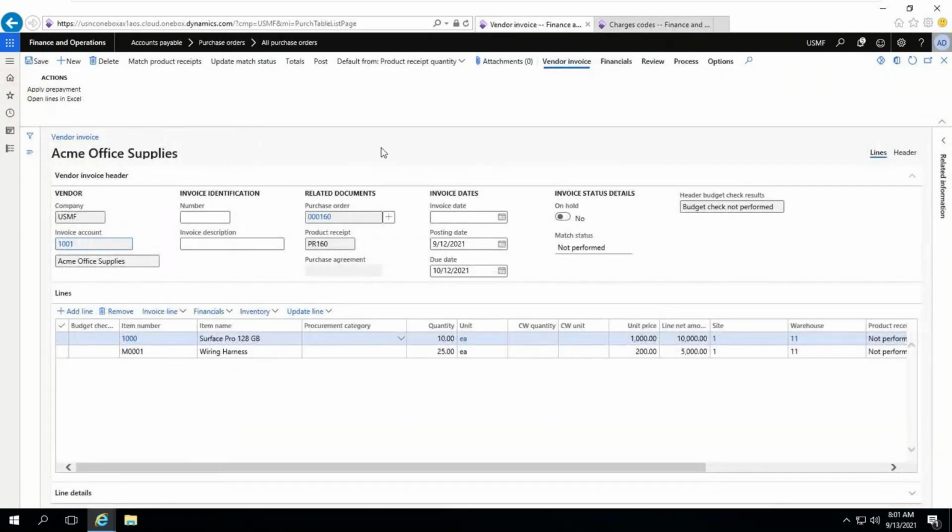So let me enter the vendor invoice number. Date. Now update match status.